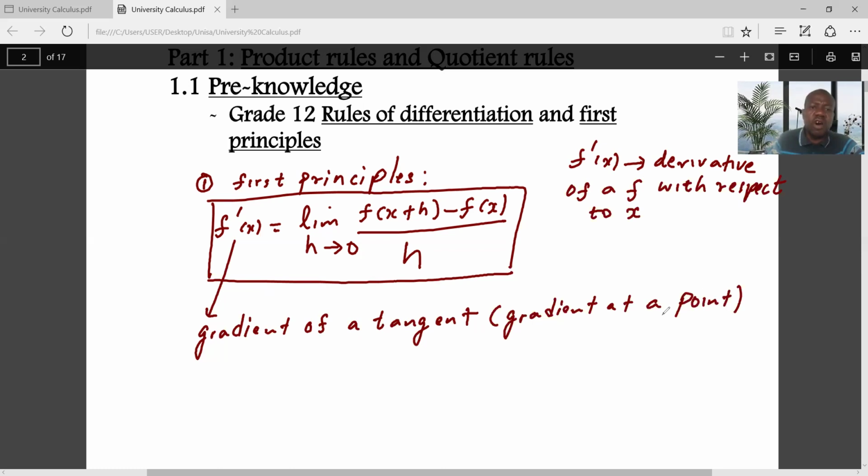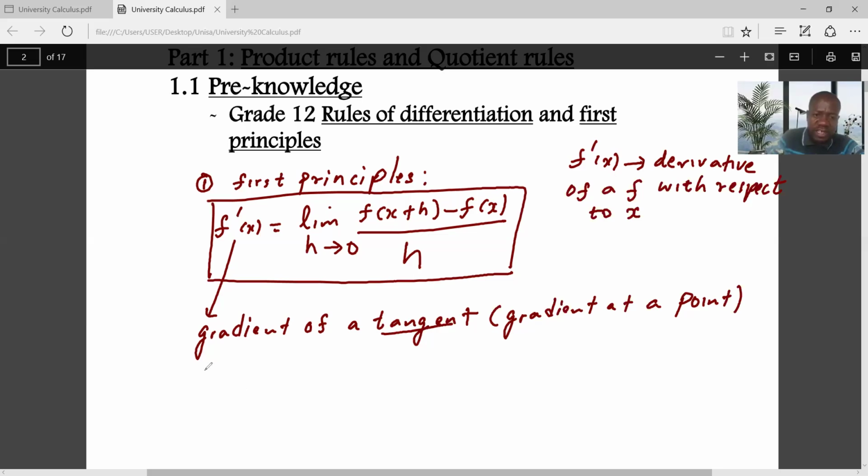The objective of learning differentiation is to determine the gradient of a function at a point, which is the gradient of a tangent. So this is what we have learned in grade 12.